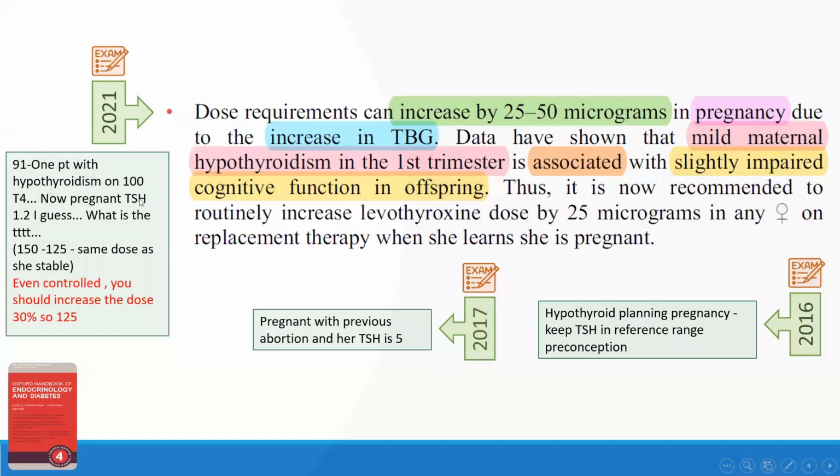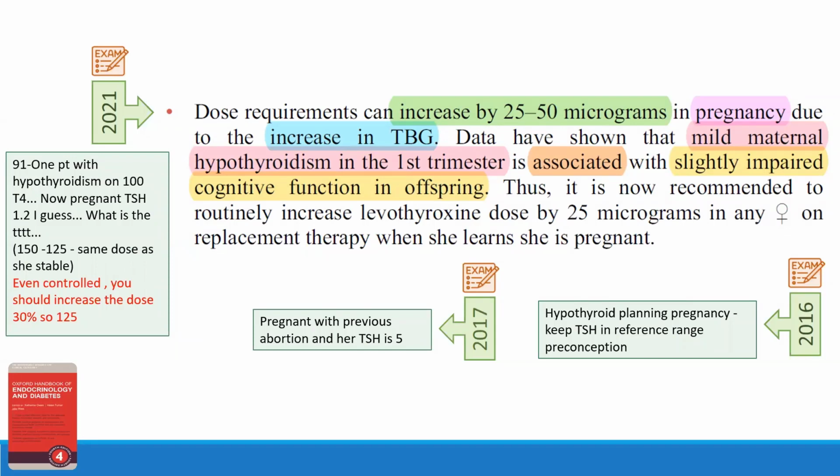But if the TSH is low normal, for example less than 0.5, in this situation I can postpone this increase in the dose. But if the TSH is 1 or more, even if less than 2.5, I will increase the dosage by 25%.